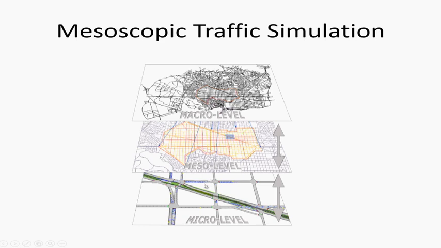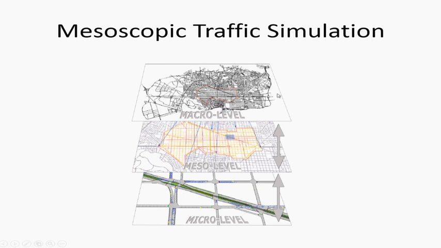Then if you go to a car-following type simulation, we need to model all the detailed lane changing behavior. By doing so, we need to keep a very high fidelity simulation framework with a simulation interval such as 0.1 seconds or 0.2 seconds to check all the movement of car-following behavior.